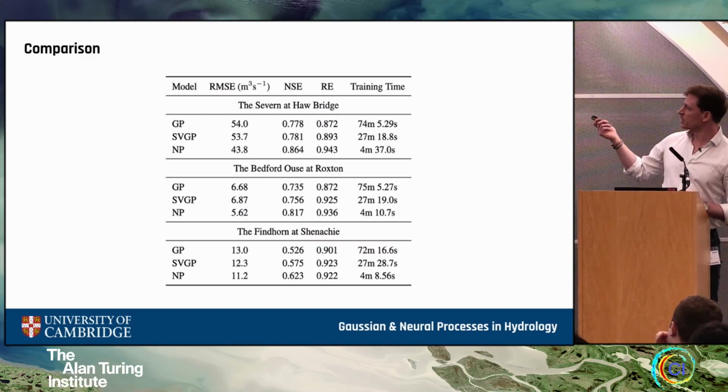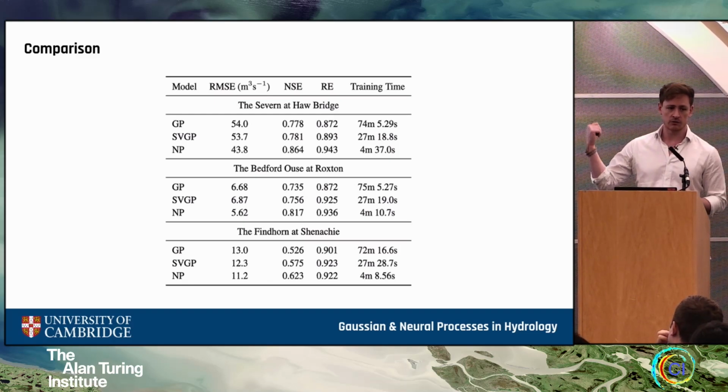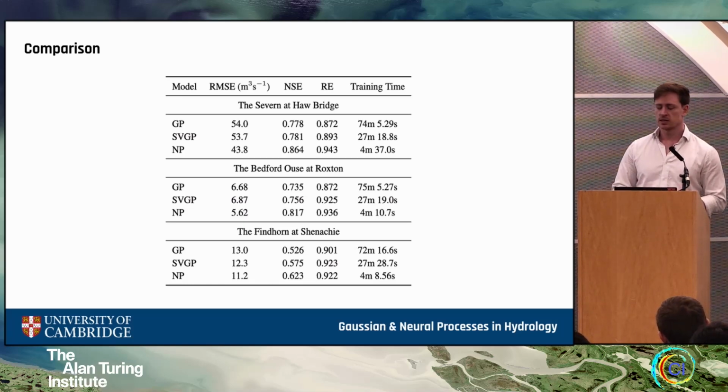And then I've also thrown in a metric from a paper which is in press at the moment called reflective error. What this does is give you an idea as to how well your model is predicting extremes compared to what I term routine data, so stuff that's essentially close to the mean. A score of 1 here means all the errors are at the extremes, and a score of 0 would mean it's all at the mean.